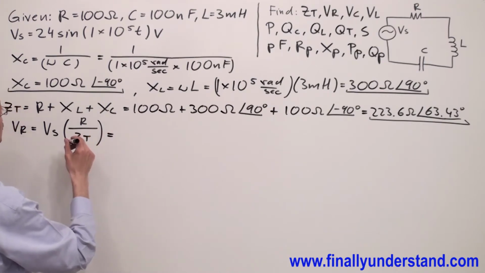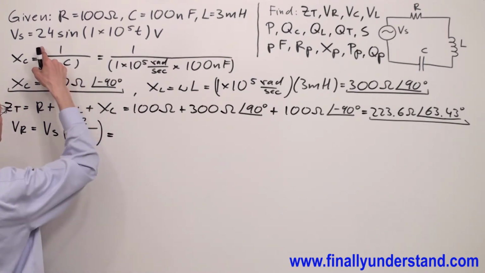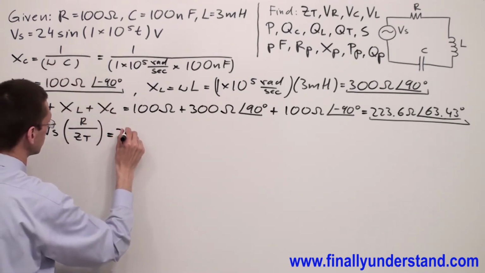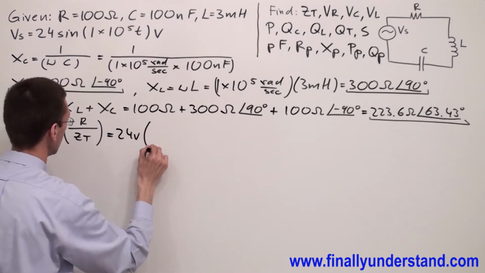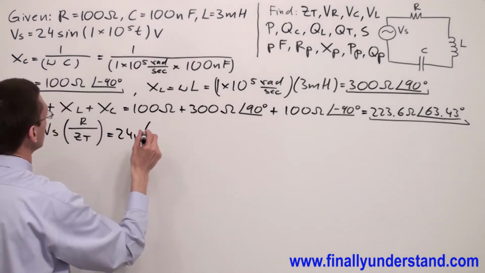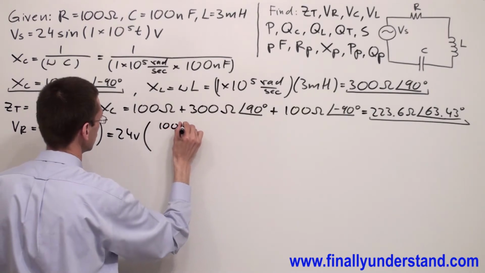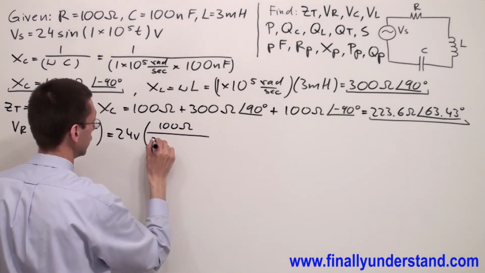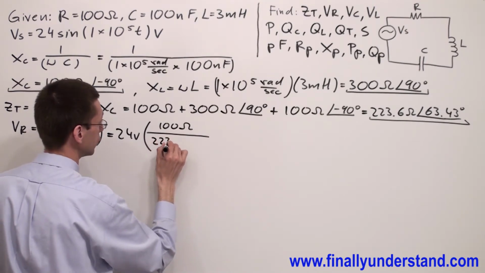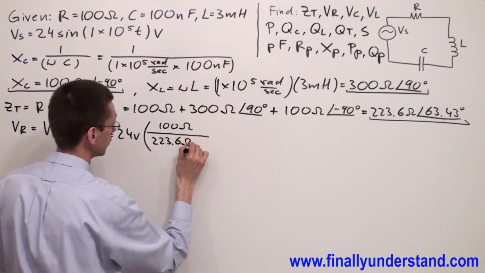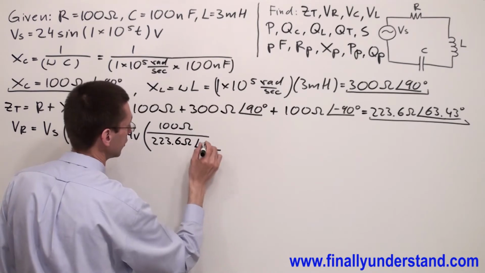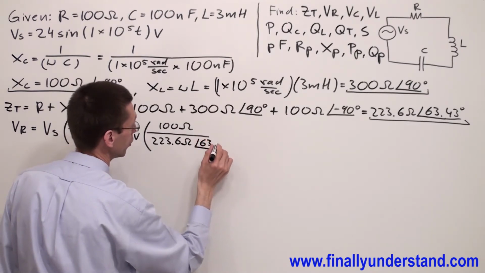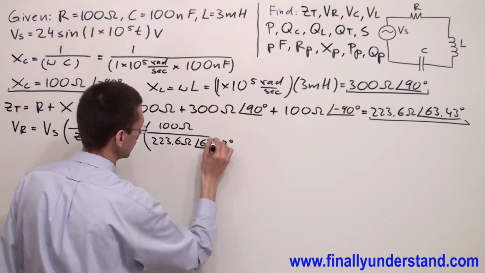So if voltage source is equal to 24 volts times the resistance, which is equal to 100 ohms, over Z total, which is equal to 223.6 ohms and angle of 63.43 degrees.